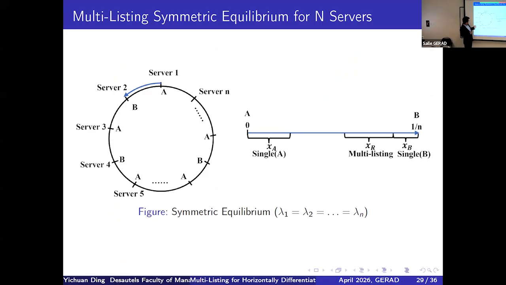Why? Because if it's an odd number, you think about it, here's A, B, B, let's say, right? A, B, B, because there's 3, n equals 3, let's say. What about those people between B and B? Previously, we said multi-listing is bad. Why? You remember the reason? Because those people, if they join the multi-listing queue, they will all have equal utility.